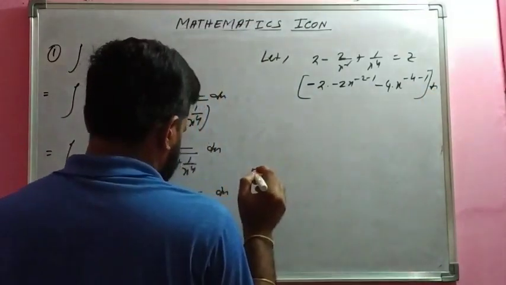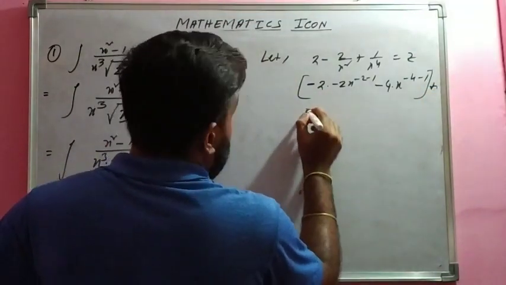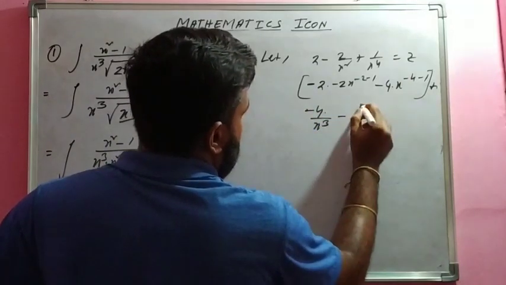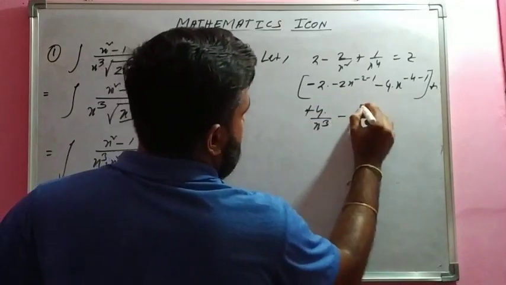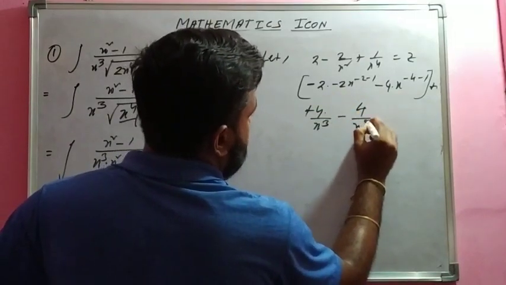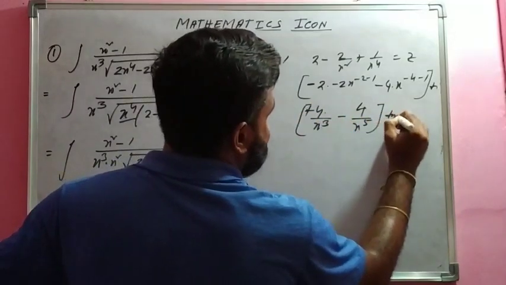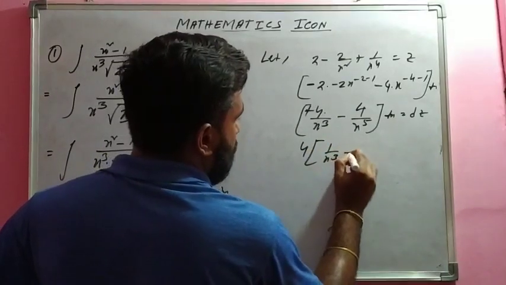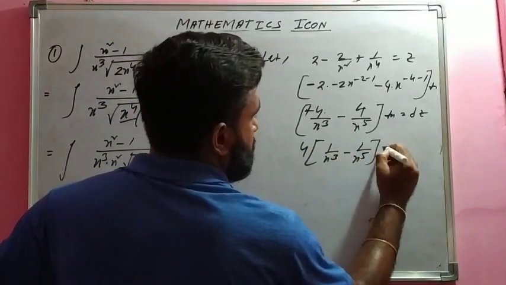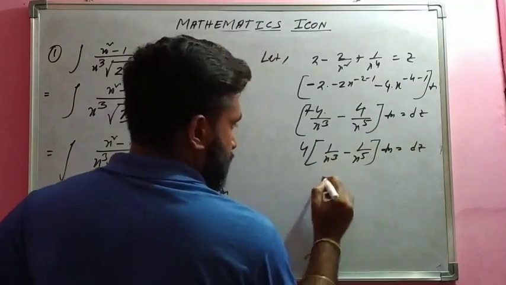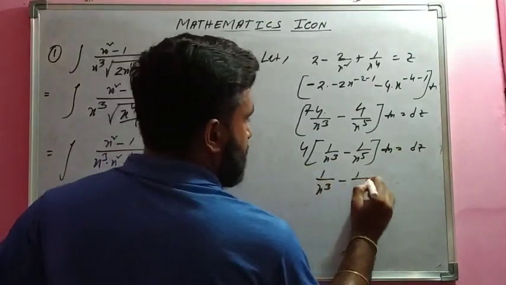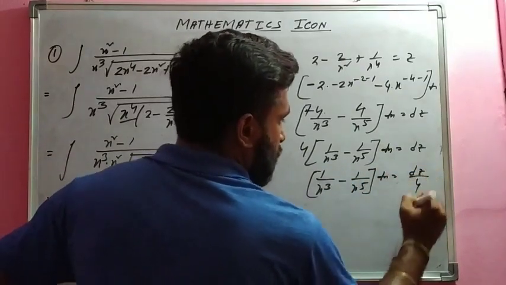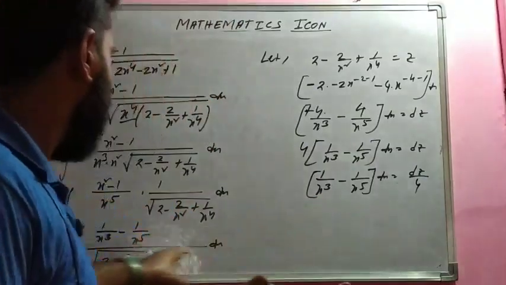So this will be minus 4 by x cube, and here plus 4 by x to the power 5, dx equals dz. If you take 4 as common, then 1 by x cube minus 1 by x to the power 5, dx equals dz by 4. Very simple, you can see.